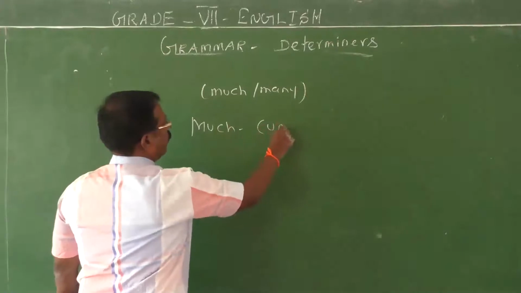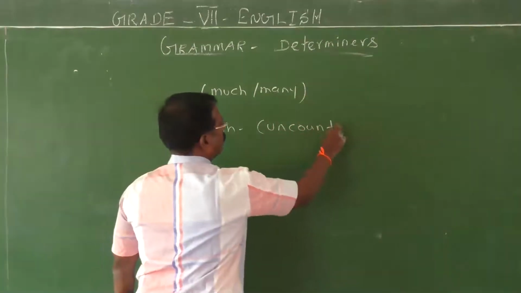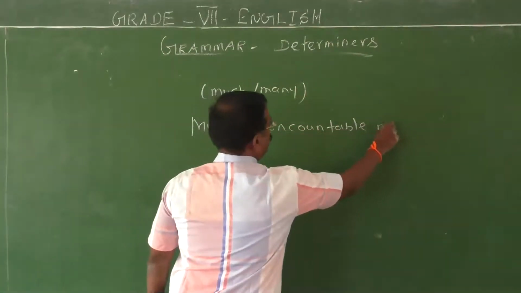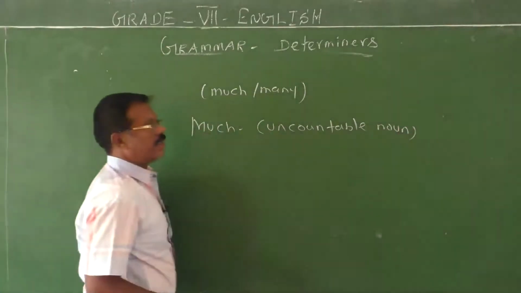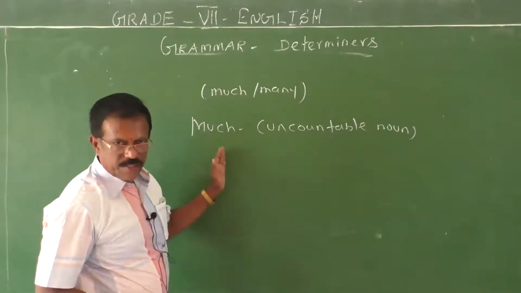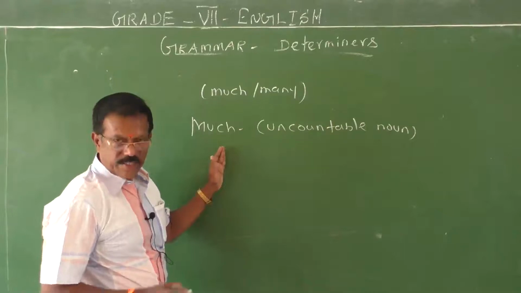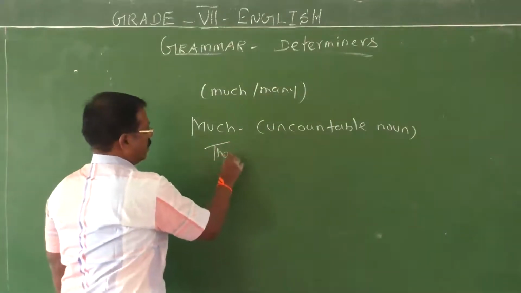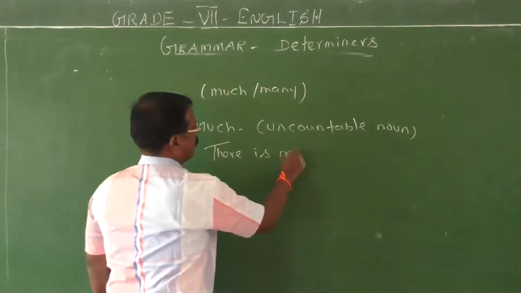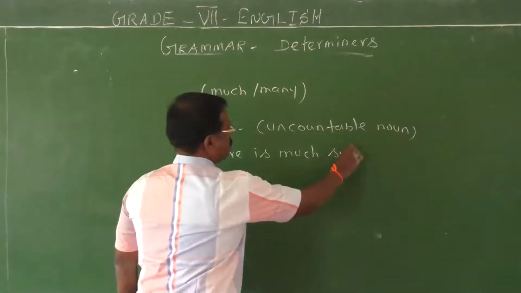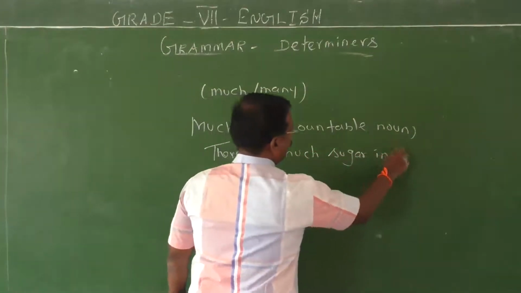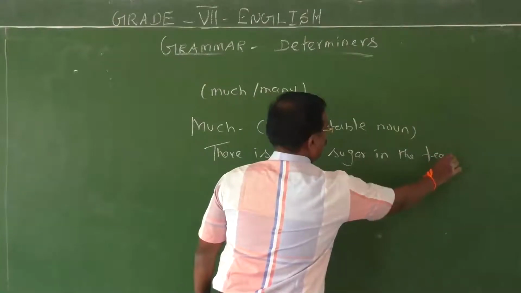Much is used before uncountable nouns, and it gives positive meaning. There is much sugar in the tea. Okay.